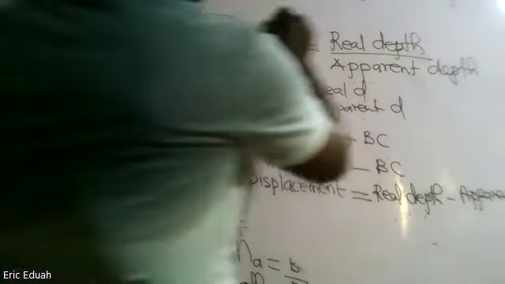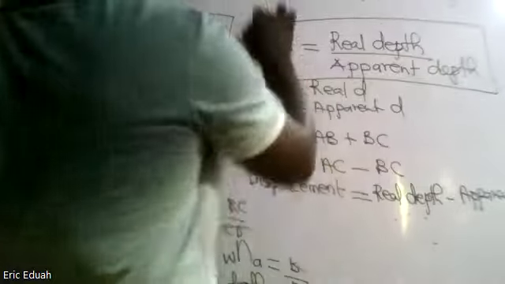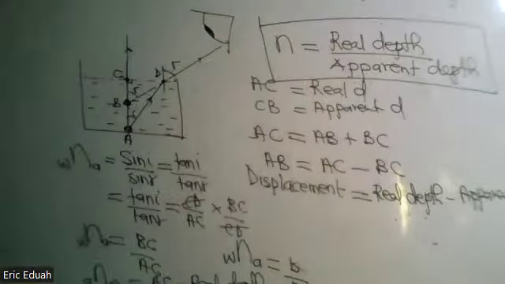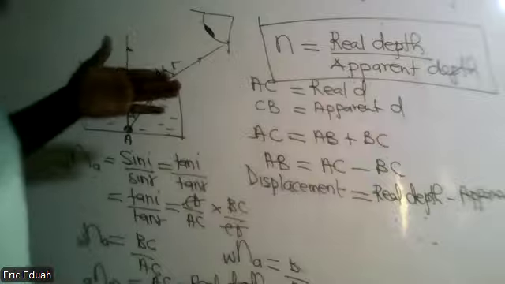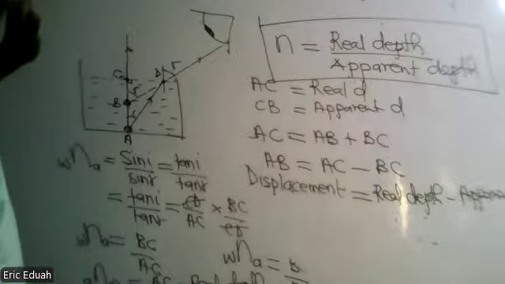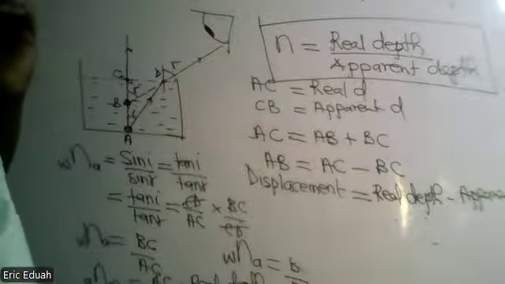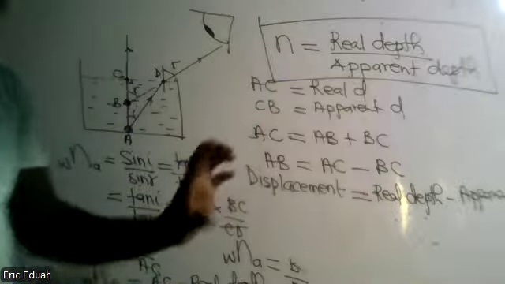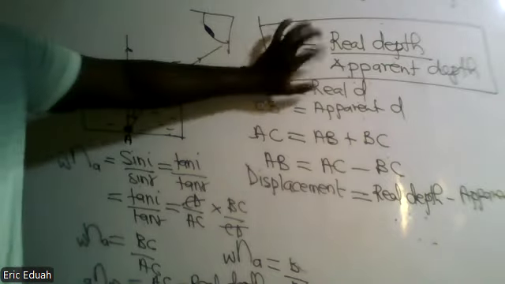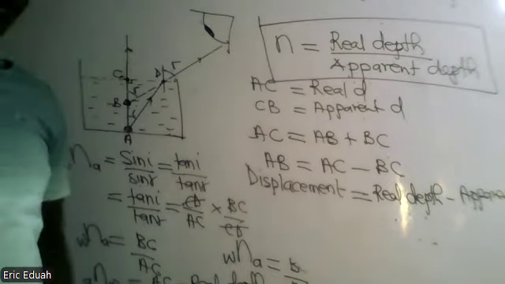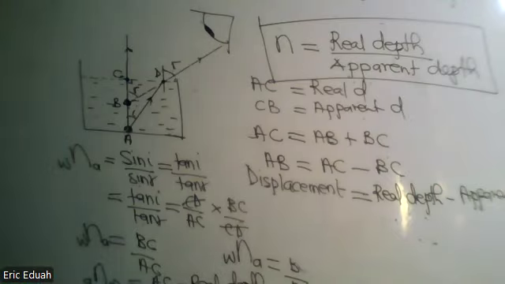We use this to find the refractive index. So practically, when you drop a coin in water, you could measure the actual depth from the surface of the water to where the point is, and then you could measure the apparent position, the apparent depth. You can use this information to calculate the refractive index of the material.